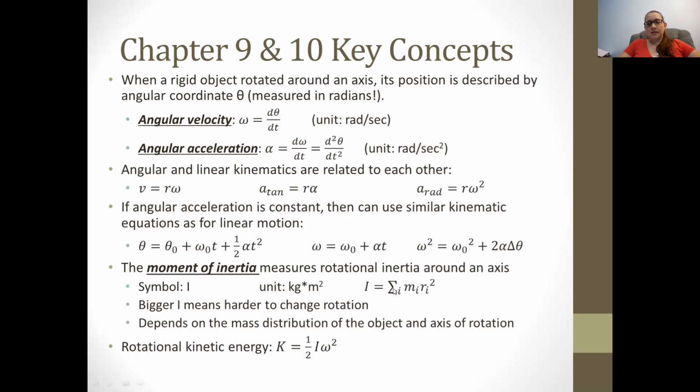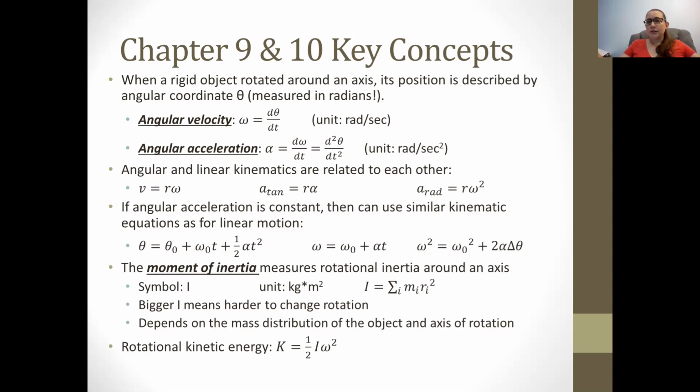I equals the sum of all of the points of the mass at that point times the radius from the axis at that point squared. So let's say we were looking at 3 points on an object. We would have m1 r1 squared plus m2 r2 squared plus m3 r3 squared. If we could sum up all of those points for a certain object, we would get its total rotational moment of inertia.